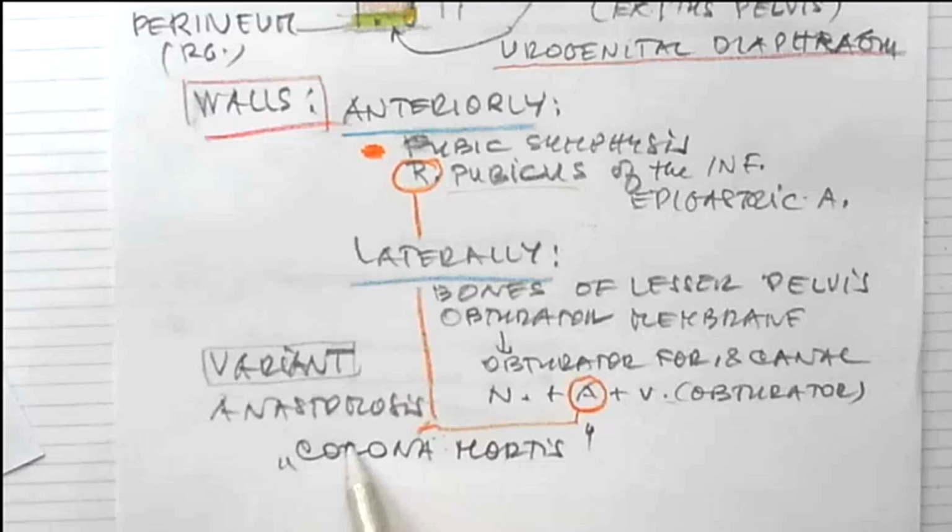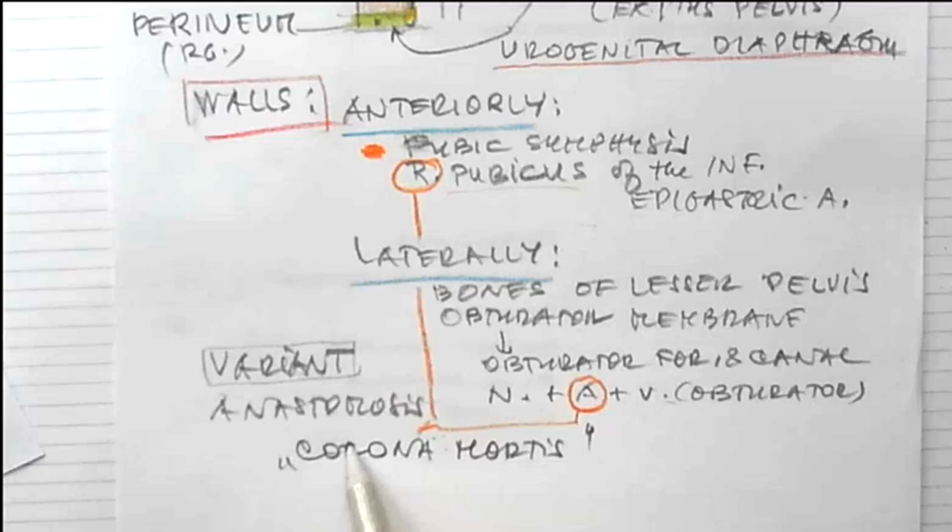Don't forget that the fascia is important because it forms the duplicature, very important for the ischiorectal fossa. So I'm using this opportunity to draw immediately the coronal section, because we will need the coronal section.